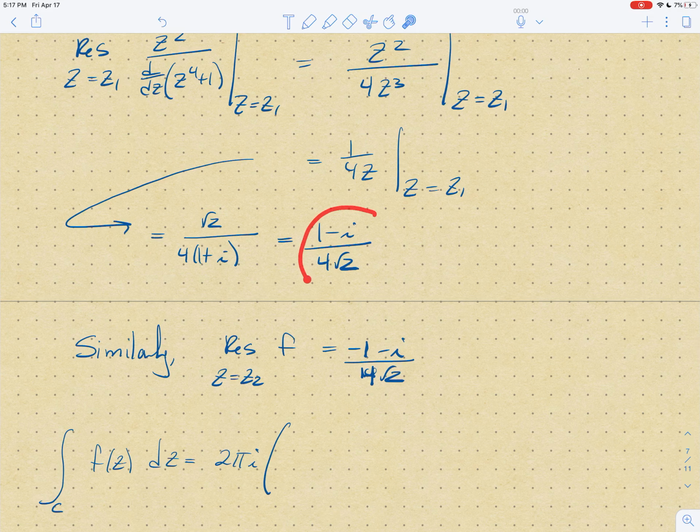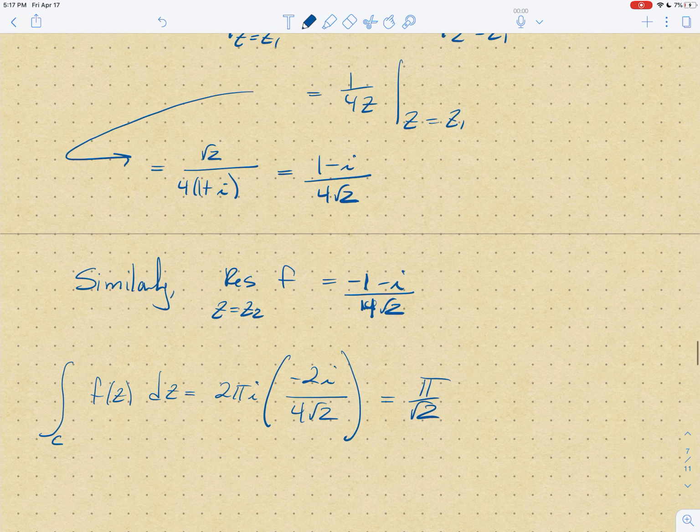Well, look, when you add these together, you're going to cancel the 1s, and you're just going to get a minus 2i upstairs over 4 root 2. The i's and the negative are going to cancel, and you're going to end up with pi over 4, the 4's are going to cancel, so pi over root 2.